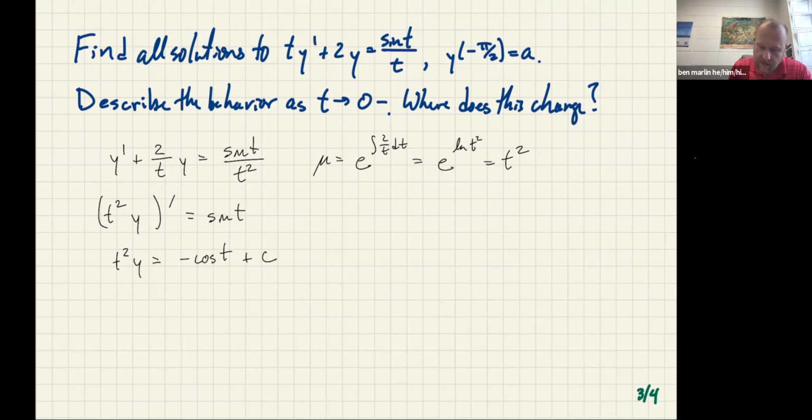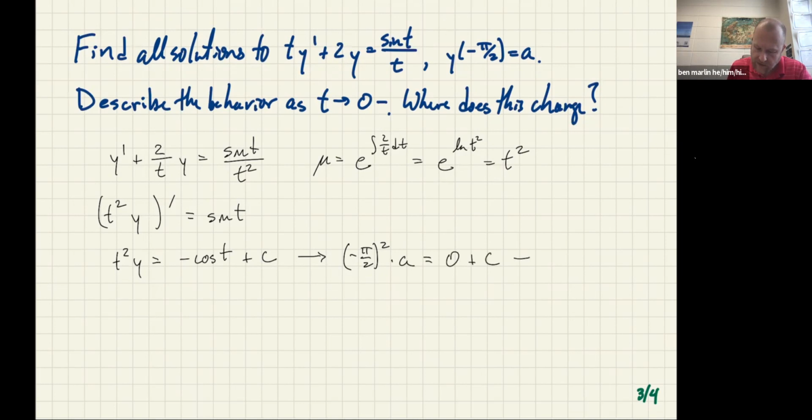And then this might be the place where it would be most convenient to actually get my a involved, right? Because if I go ahead and plug that in, the t squared that appears there will have the minus pi over 2 for that, times the y value of a, is equal to the cosine of minus pi over 2, which is 0, and then we'll say plus c.